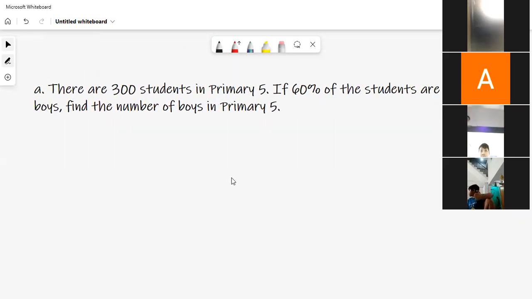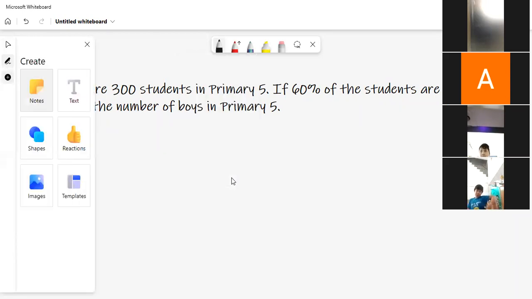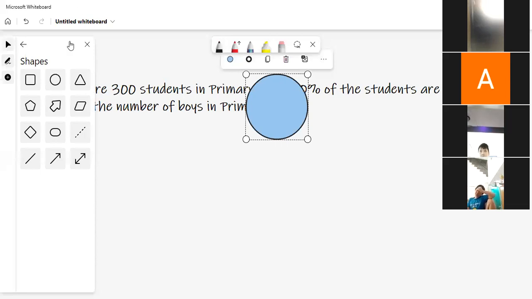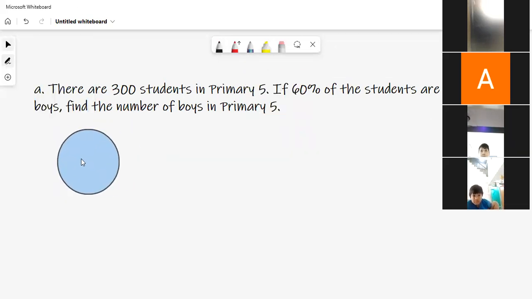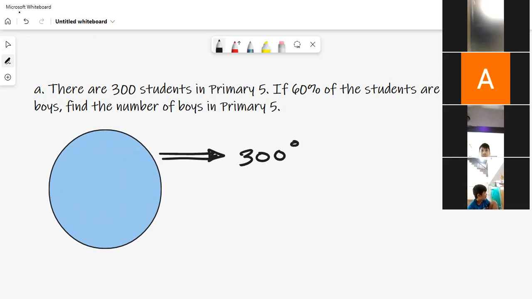There are 300 students in grade 5, for example. I will put a shape here, a circle. This circle is the number of grade 5 students, equivalent to 300 students.